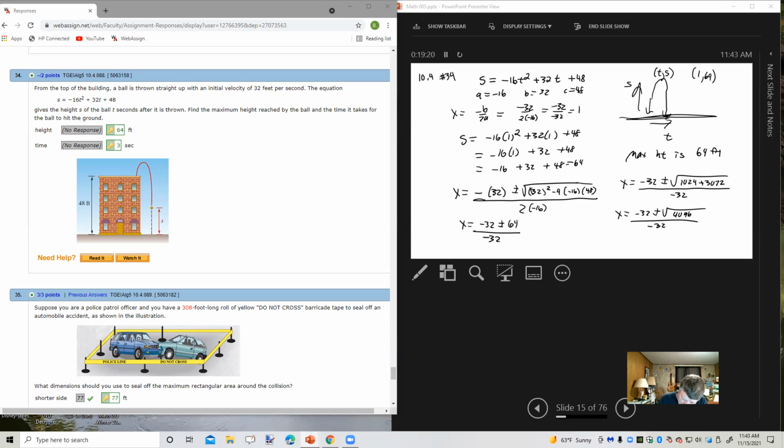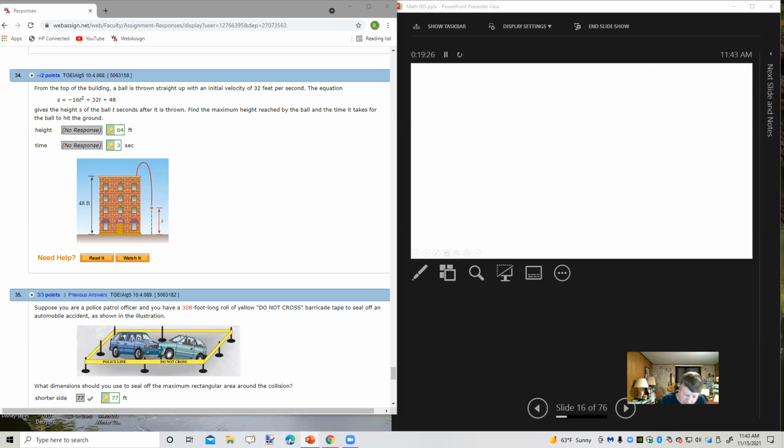Okay. Let's take this to the next page. X equals negative 32 plus or minus 64 over negative 32. Is that right? Yes. So x is negative 32 plus 64 over negative 32, and negative 32 minus 64 over negative 32.